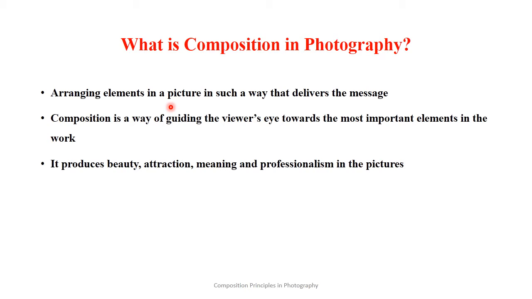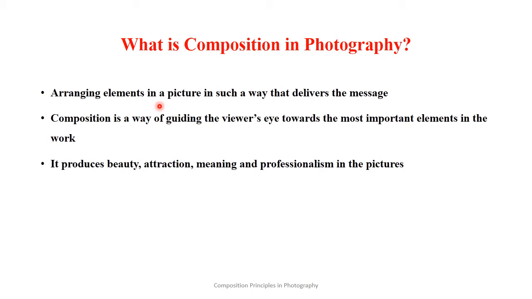And usually it happens with us that when we are taking a picture of our family members or friends, then we usually guide them. It is because we are arranging the elements, and sometimes we also change our position in order to have beautiful pictures. Well, why and what is the reason? The reason is that it is composition.